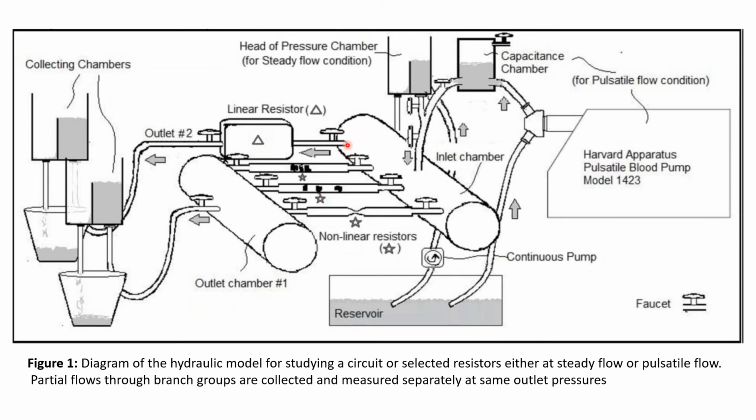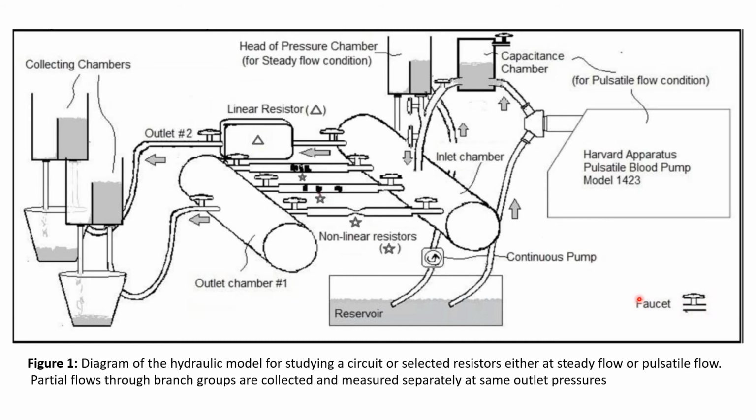And the other arm, so these are in parallel, the other arm would be a linear resistor. And then we would get here two outlets so we could measure the partial flows, but these outlets would have the same height to make sure that the pressure inside here would be the same as the outlet pressure on both branches.